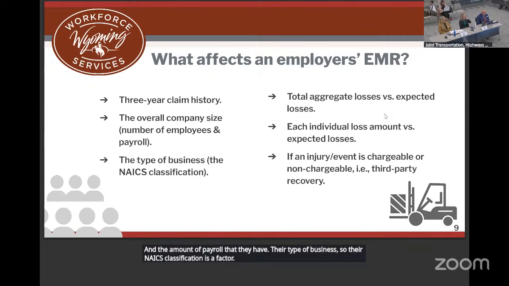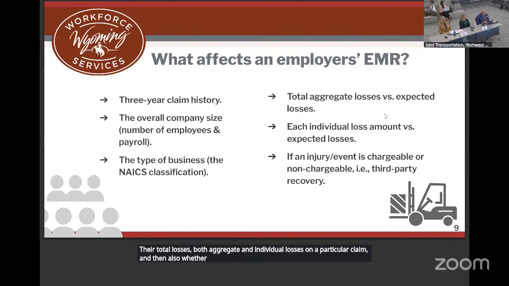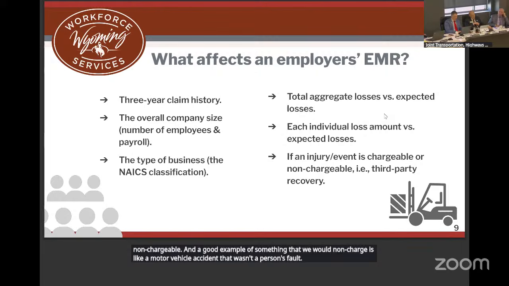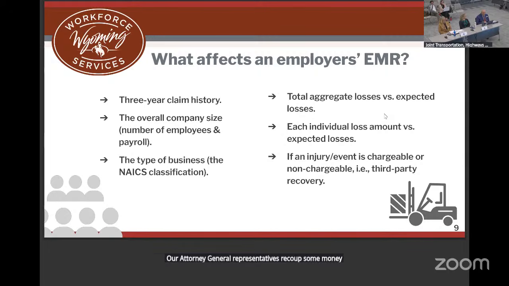Their total losses, both aggregate and individual losses on a particular claim. And then also whether or not something is made chargeable to their EMR or non-chargeable. A good example of something that we would non-charge is a motor vehicle accident that wasn't a person's fault. Our Attorney General representatives recoup some money on those that we make non-chargeable.